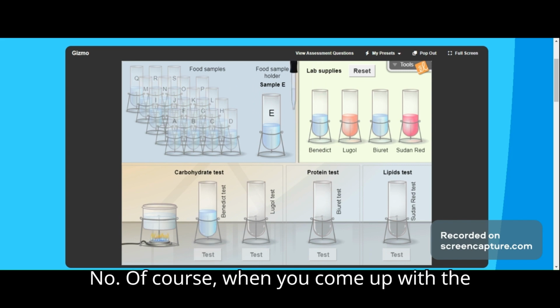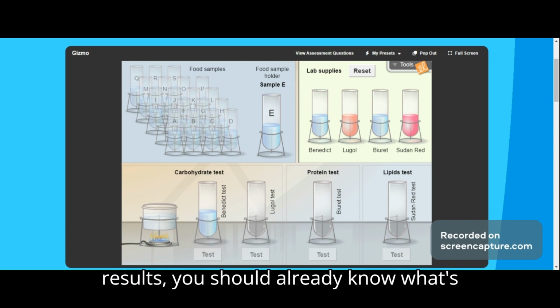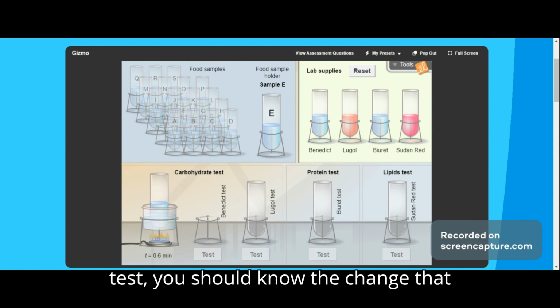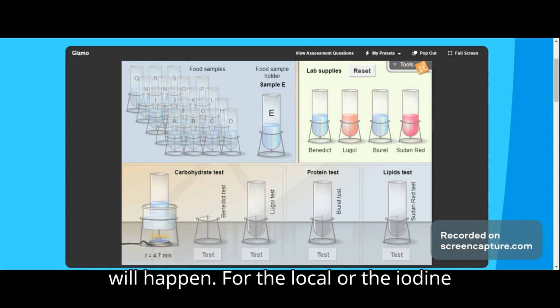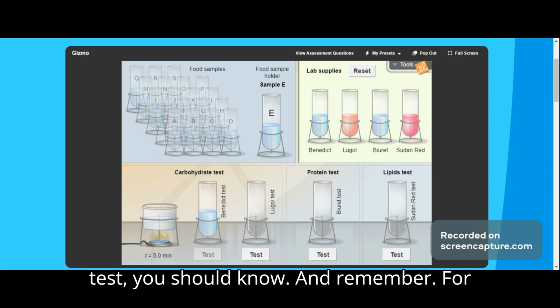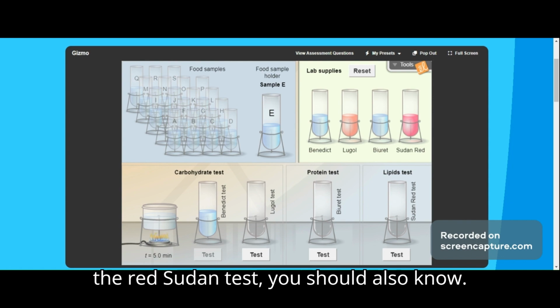When you come up with the results, you should already know what's going to happen. For the Benedict test, you should know the change that will happen. For the Lugol or the iodine test, you should know. For the Biuret test, you should know. And remember, for the Sudan red test, you should also know.